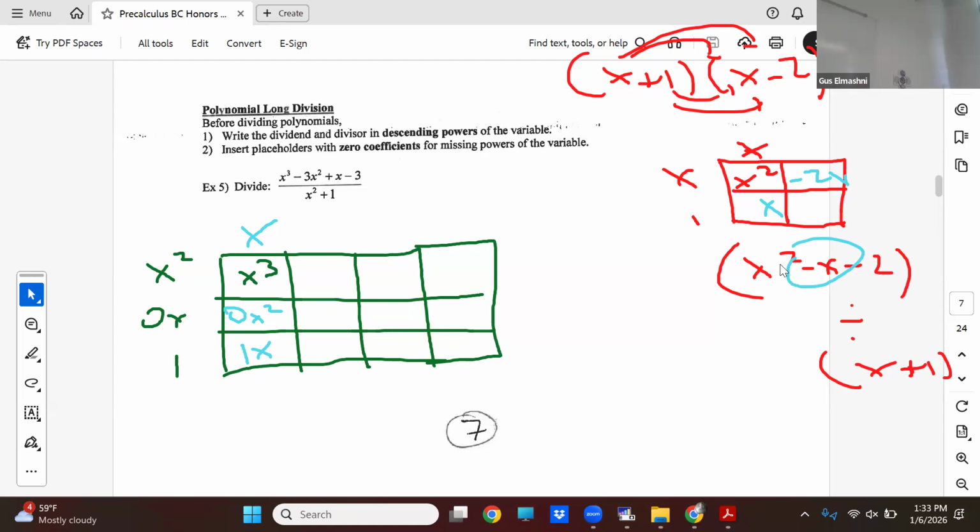Right now there's a 0x squared. What do you have to add to 0x squared to get the negative 3x squared? Negative 3x squared, of course. So I'm going to put negative 3x squared there, just like I had over here in this diagonal. What do you multiply to x squared to get the negative 3x squared? Okay, cool. And that's going to be still 0x and negative 3.